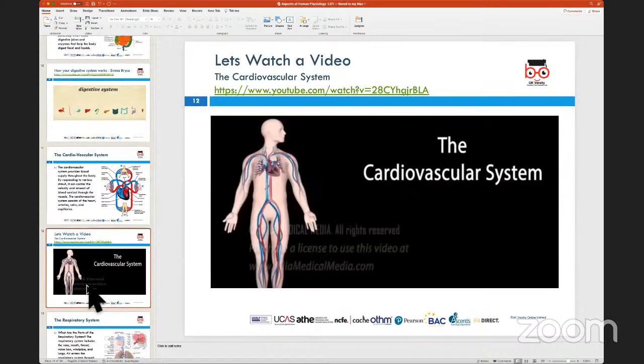Again, there is a video which describes the cardiovascular system visually. Excuse me. Although I can explain the cardiovascular system using a diagram, some of these things, when you see them moving through a video, would be more useful because they give you a sense of perspective in terms of how the cardiovascular system actually works.